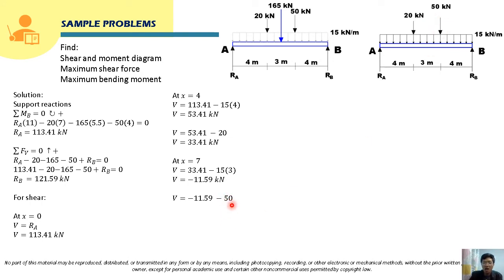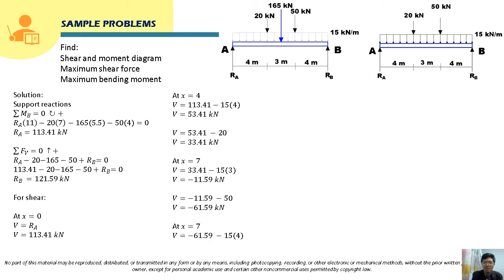So the shear here, at this point, will become negative 11.59 minus 50, so this will be negative 61.59 kilonewton. Okay, so from this point, we will now proceed to the last point, which is x equal to 11 meters.